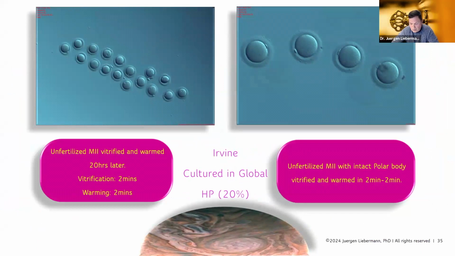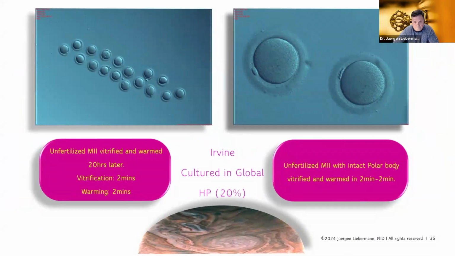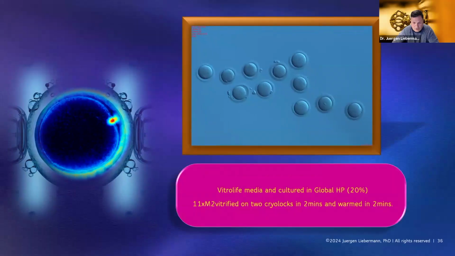You see the nice polar body, very well preserved after these freezing and warming steps. This is also Vitrolife media cultured in high protein, 11 oocytes, all survived.